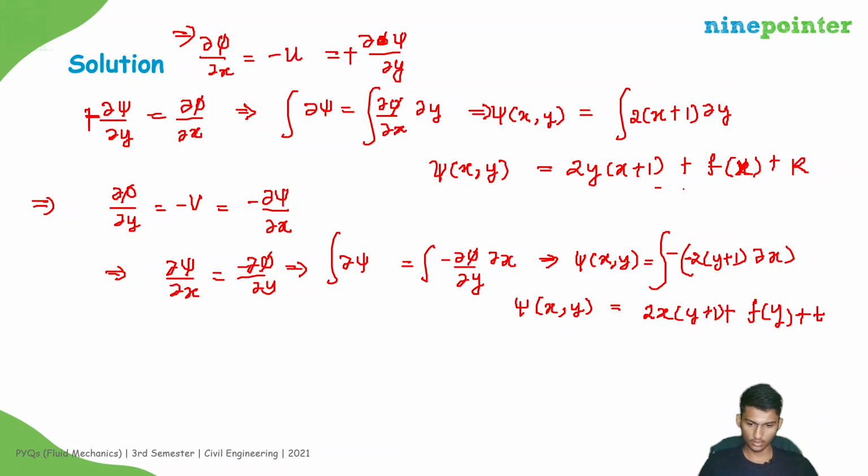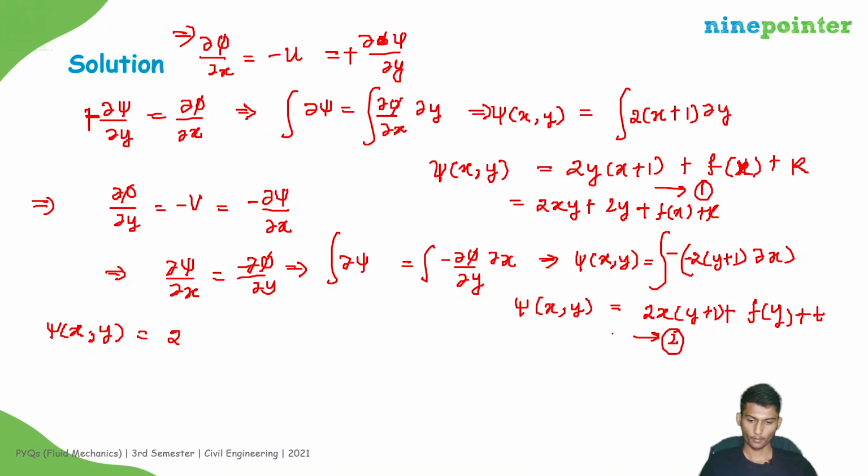So this is equation 1 and this is equation 2. So ψ(x,y), if you write like this, is 2xy plus 2y plus f of x plus k, and this gives 2xy plus 2x plus f of y plus t.